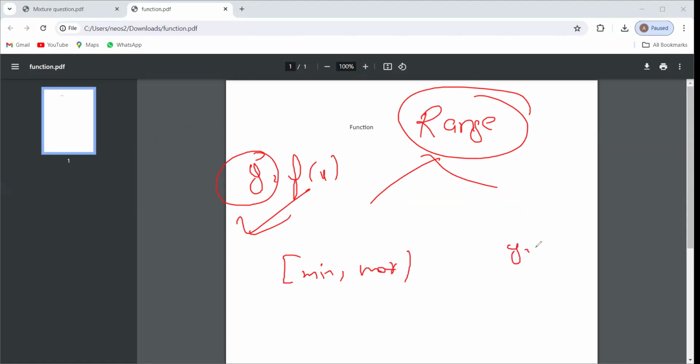For example, y is equal to x plus 3. For the range, whatever domain values you substitute, now you have to find from where to where this y value exists, the maxima to minima.